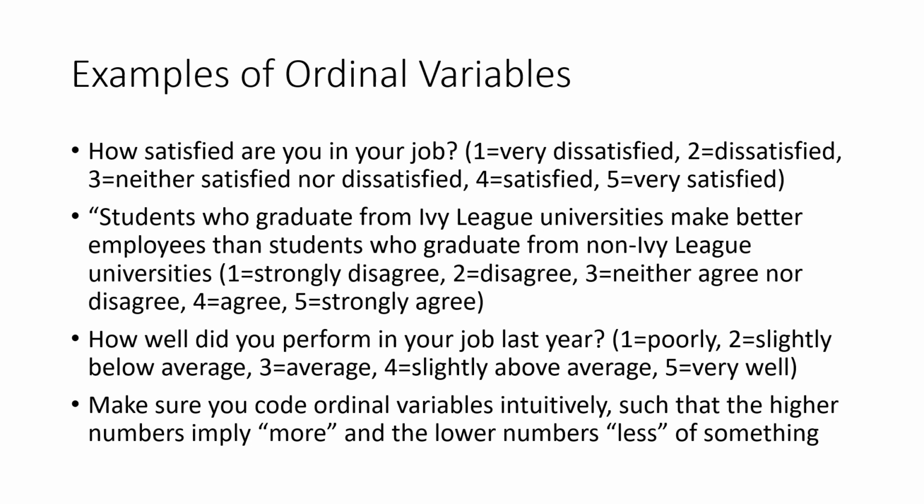How satisfied are you in your job? And you could code this as 1 equals very dissatisfied, 2 equals dissatisfied, 3 equals neither satisfied nor dissatisfied, 4 equals satisfied, 5 equals very satisfied. Now remember, this is just an example. You could equally code this as a scale of 1 to 7 if you wanted to, with slightly different response categories, giving you a bit more of a fine tune when it comes to your measurement of job satisfaction.